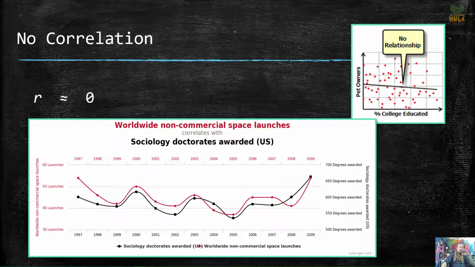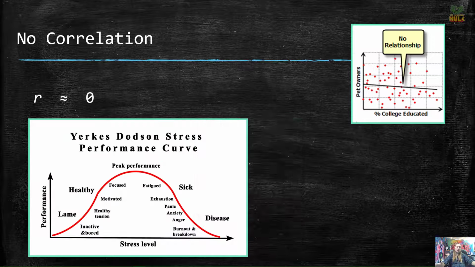Now, it's important to note that just because you find a Pearson correlation coefficient of 0 doesn't necessarily mean that two variables are unrelated. So in a sort of squiggly relationship like we see right here, or one like this, the famous Yerkes-Dodson stress performance curve, we see that in the first part of this graph, the line increases steeply and then plateaus at the top and then decreases steeply as well.